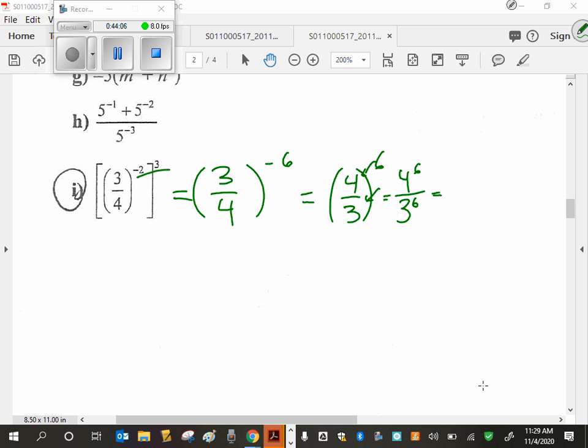And what 3 to the 6th? 4 to the 6th? Whoa. You say 4,000 or 1,000? Well said. And 3 to the 6th? Thank you. That makes sense. That's it, if it says evaluate. If it doesn't say evaluate, this is good enough.